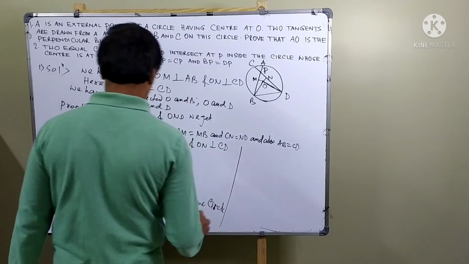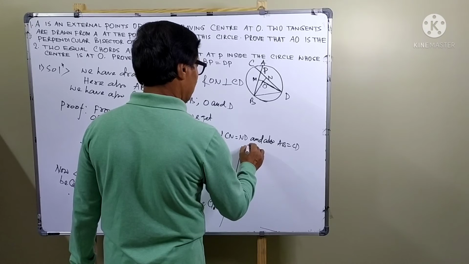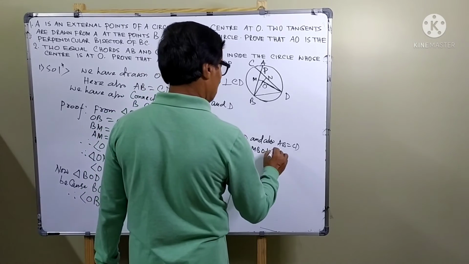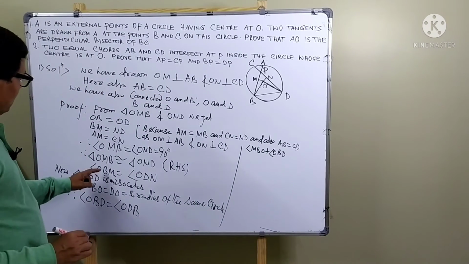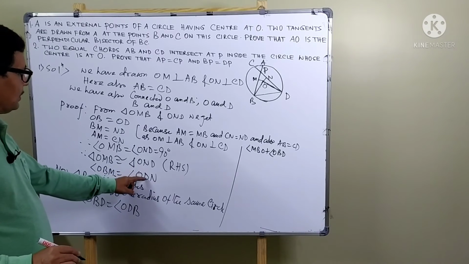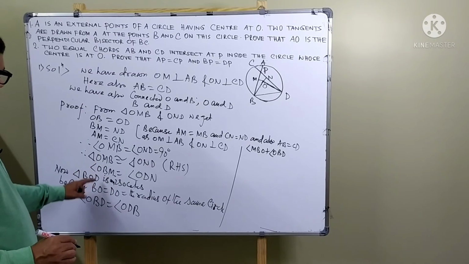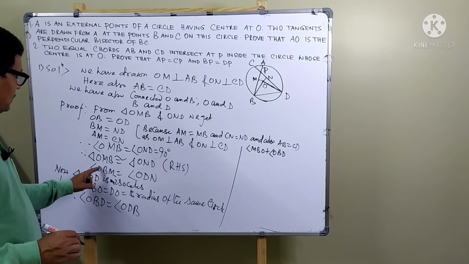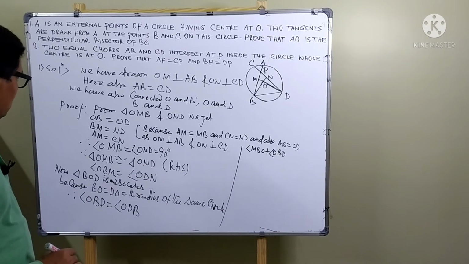So we can say that angle MBD, that is angle MBO plus OBD, we can add the right-hand sides and left-hand sides of these two equations, that is OBM equals ODN and OBD equals ODB.